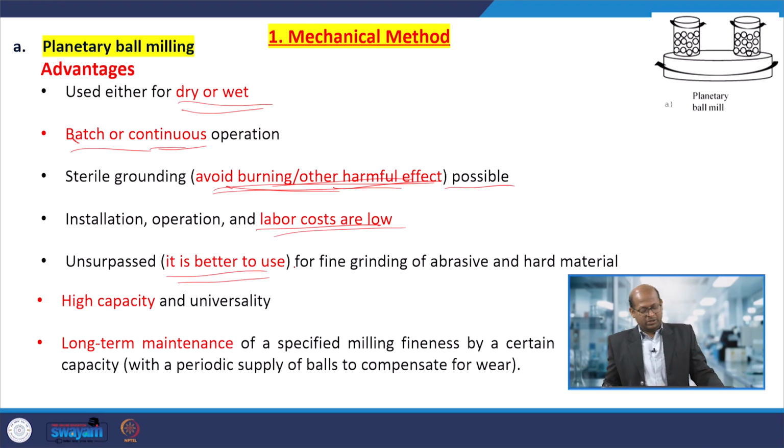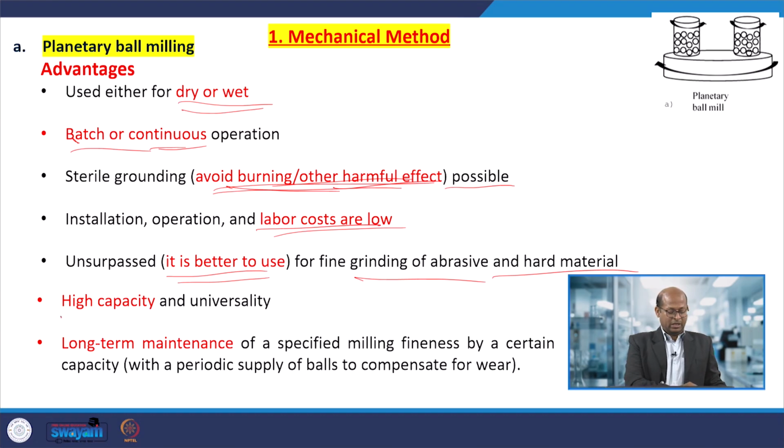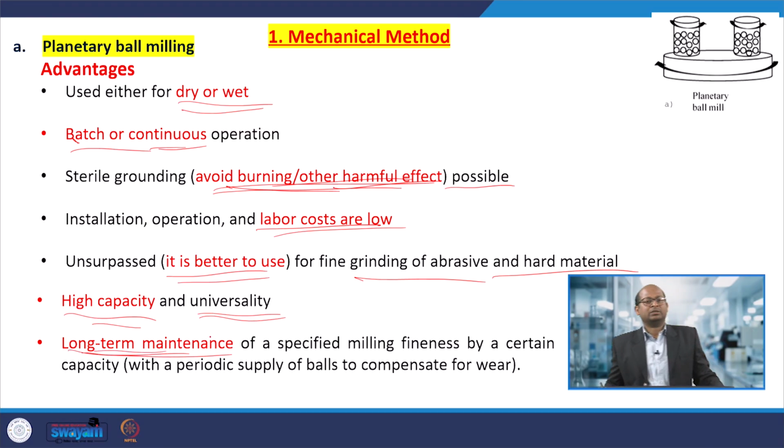It is better to use for fine grinding, abrasive or hard materials, with high capacity and universality. We can prepare milligram to kg quantities of materials, and at the same time maintenance cost is low.